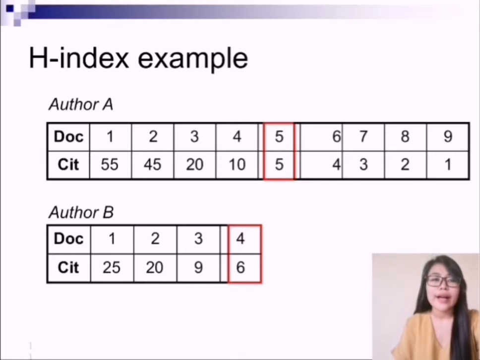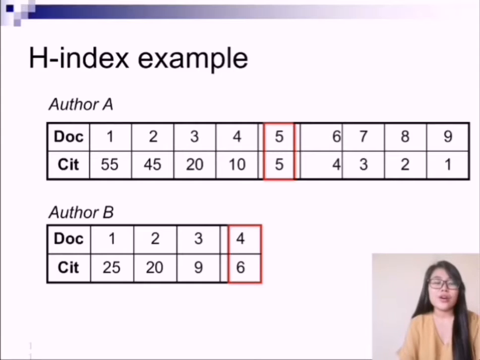Let's find out why. Paper 1 received 55, paper 2, 45, 3, 20 citations, 4, 10, 5 is 5, equal to 5, and then 6 is 4 now, 7, 3, 8, 2, 9, 1.